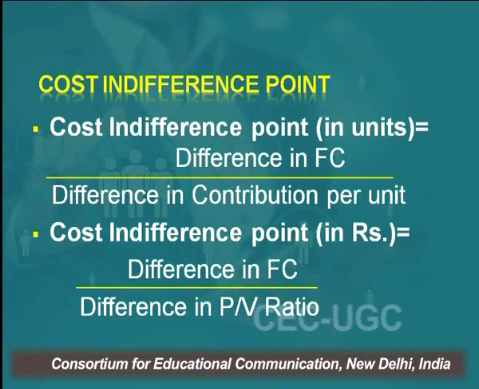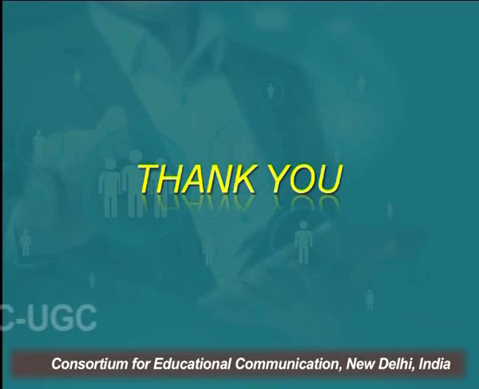If you want to calculate in terms of rupees, you will say change in fixed cost divided by change in PV ratio. In this way you can find out the cost indifference point. That is, in terms of rupees, change in fixed cost divided by change in PV ratio, or in terms of units, change in fixed cost divided by change in contribution per unit.